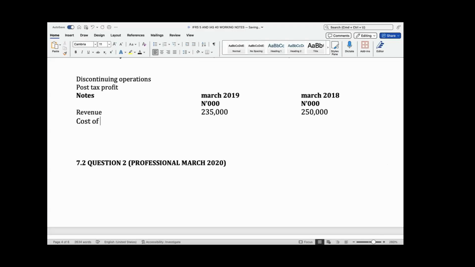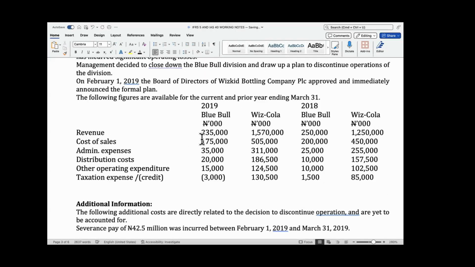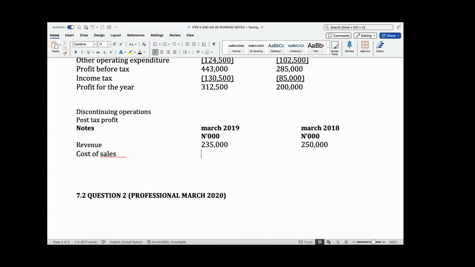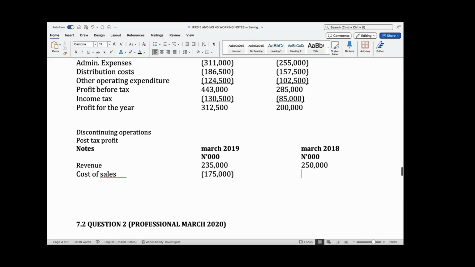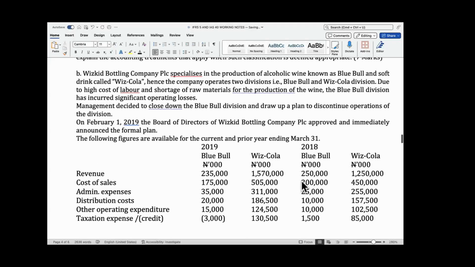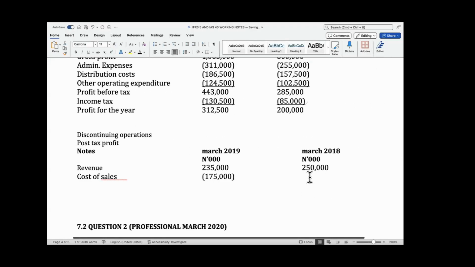Then my cost of sales for Blue Bull, I have 175,000, and for 2018, I have 200,000.